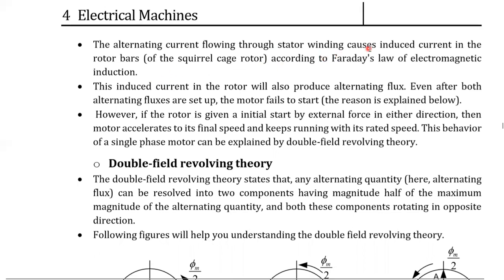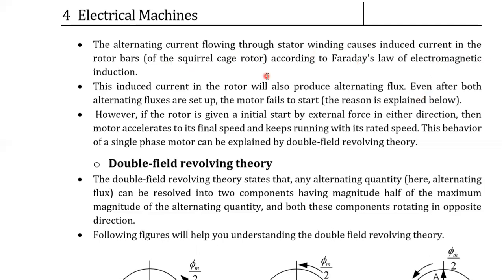The stator flux is alternating, and the current flowing through the stator winding is alternating, because of that an induced current appears in the rotor bar according to Faraday's law of electromagnetic induction.